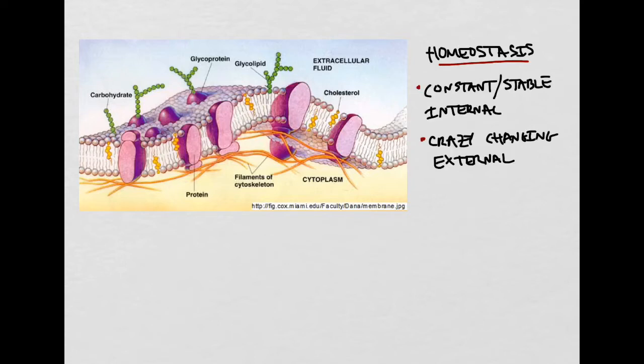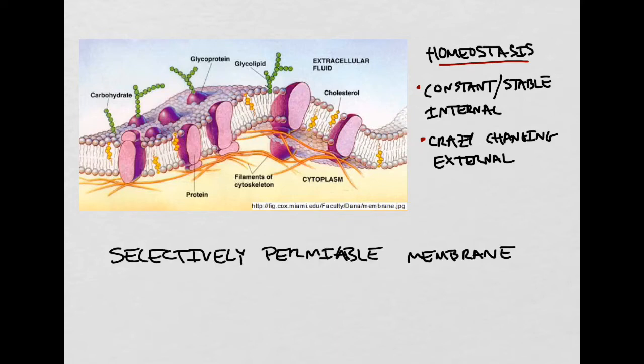Okay, so our plasma membrane is controlling what comes in and out of the cell, and as I said before, it's a fluid mosaic model. So things are flowing, and all the time, small gaps within our membrane are opening and closing. And so stuff is coming in and out. But the cell is selectively permeable.